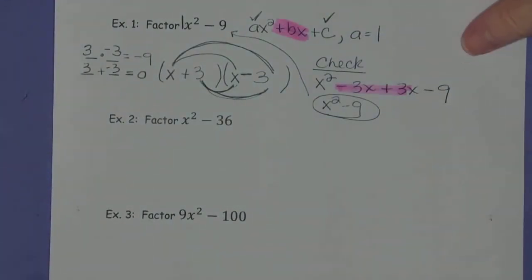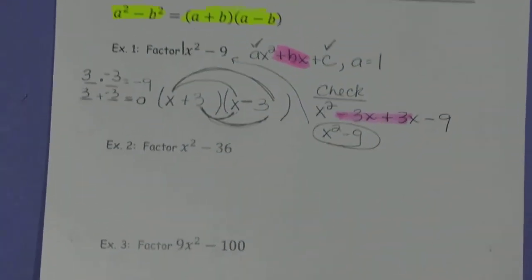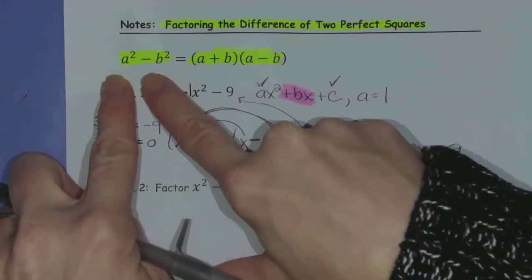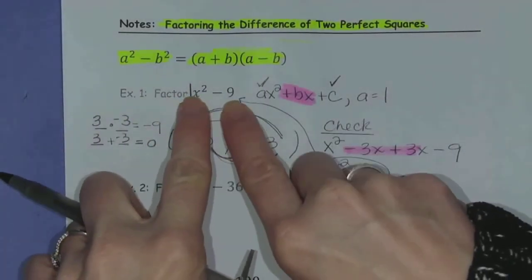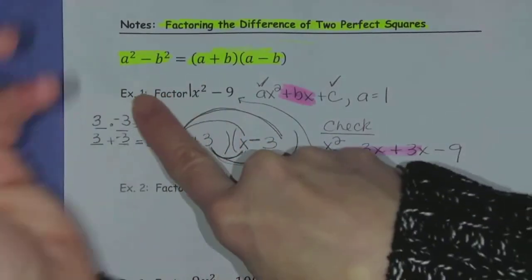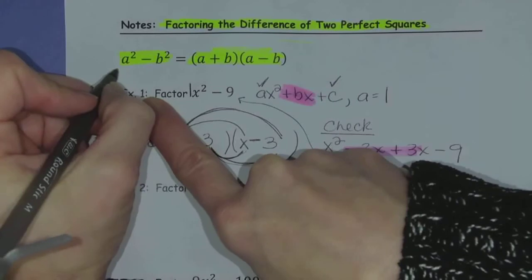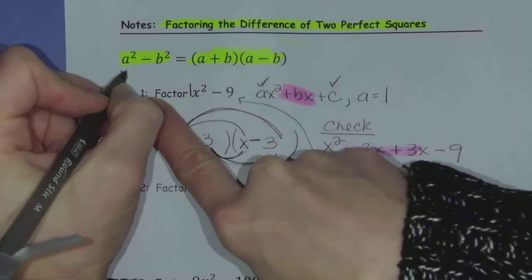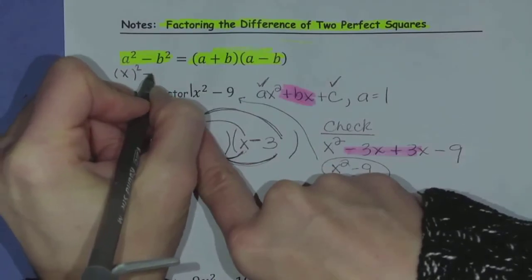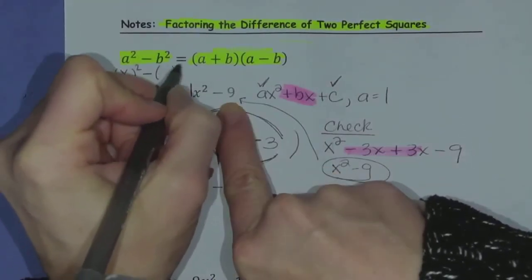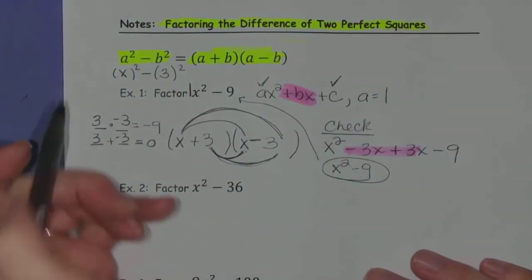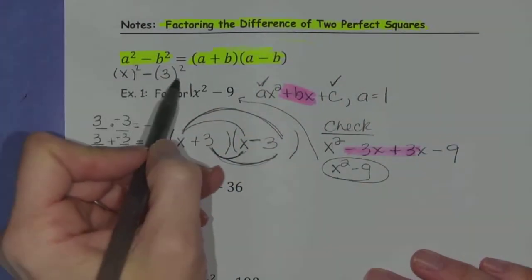Now let's see how this plays into the rule. Here's the rule. Now let's break x squared minus 9 down into the difference of two perfect squares. So the way I would write this under here would be like this. I've got an x squared, that's my x squared, minus, 9 can be written as 3 squared. That still means x squared minus 9.